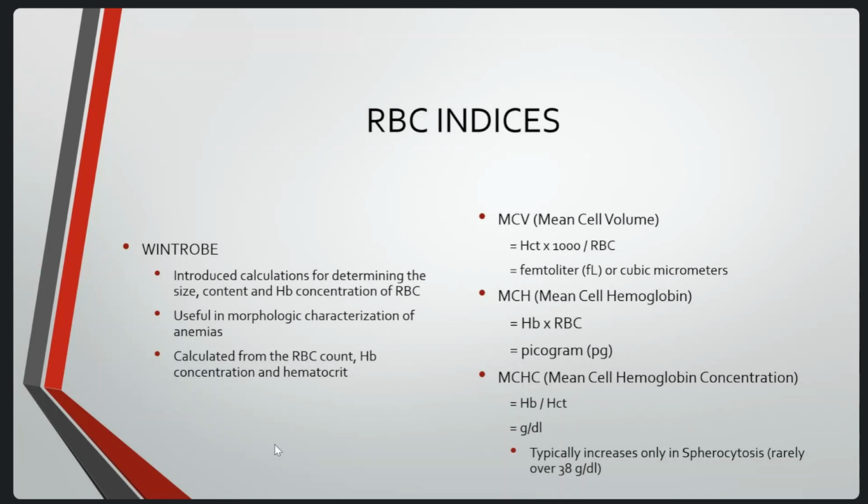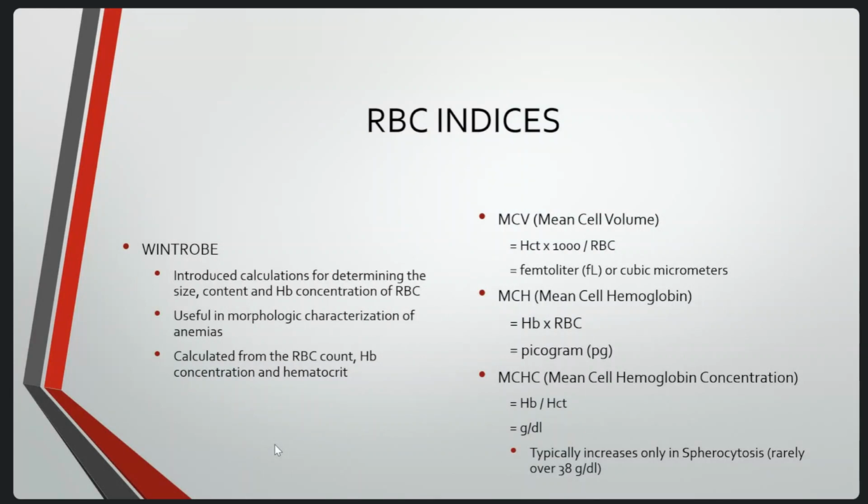In the peripheral blood smears, we have to characterize the three cells: the red blood cells, the white blood cells, and the platelets. So it is important to get the RBC indices because this will give you a clue on the characterization of our red blood cells. Here we have the MCV, or the mean cell volume.